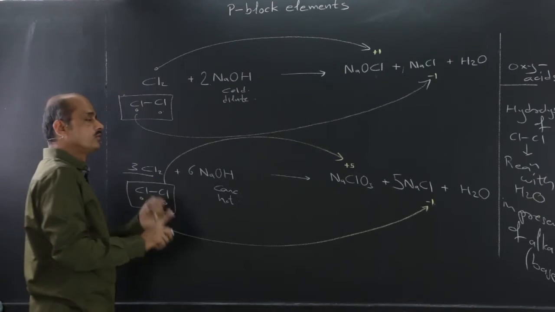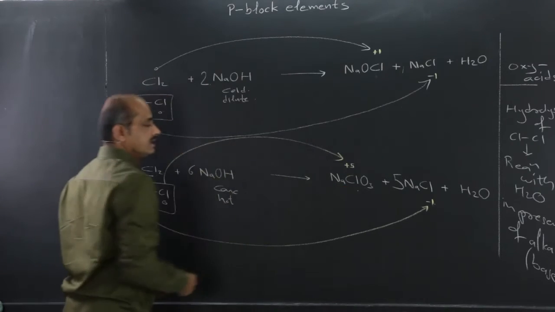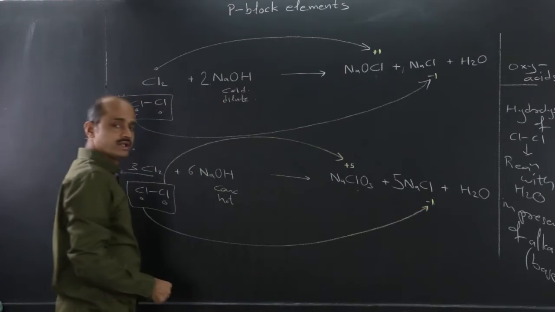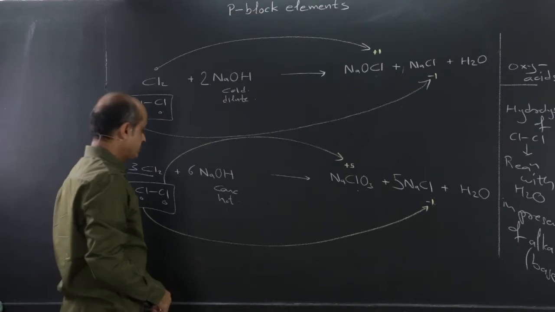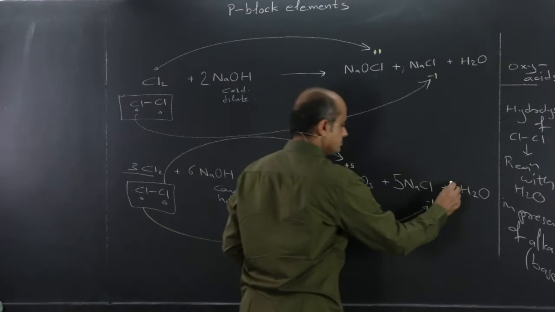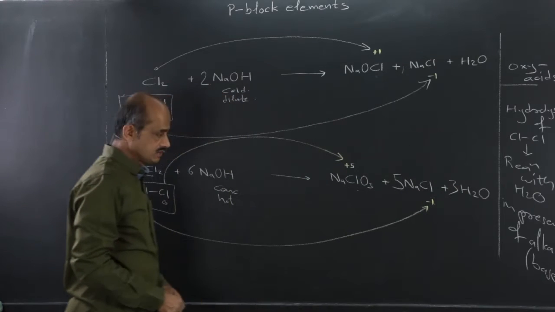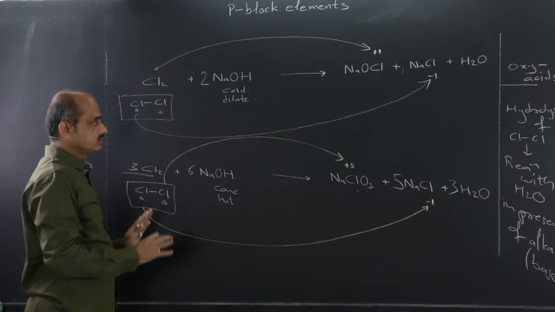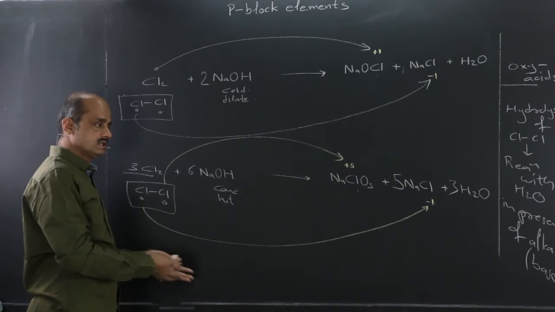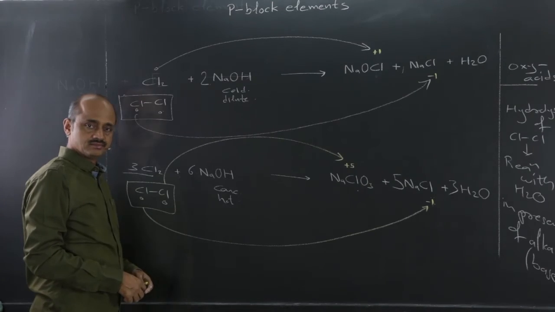Out of that, 1 atom of chlorine changes to +5 and the remaining 5 atoms of chlorine change to -1. Electronically it becomes a balanced reaction, and with hydrogen from that water, the reaction is balanced. So, this is how we have to learn the reactions and then write in the exams directly.